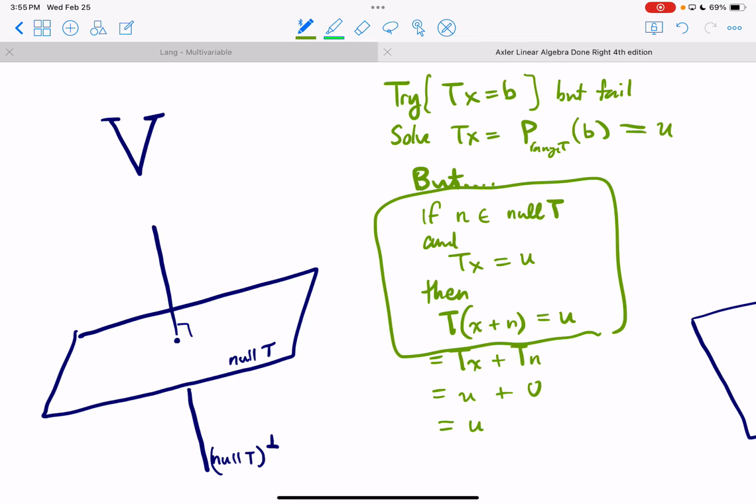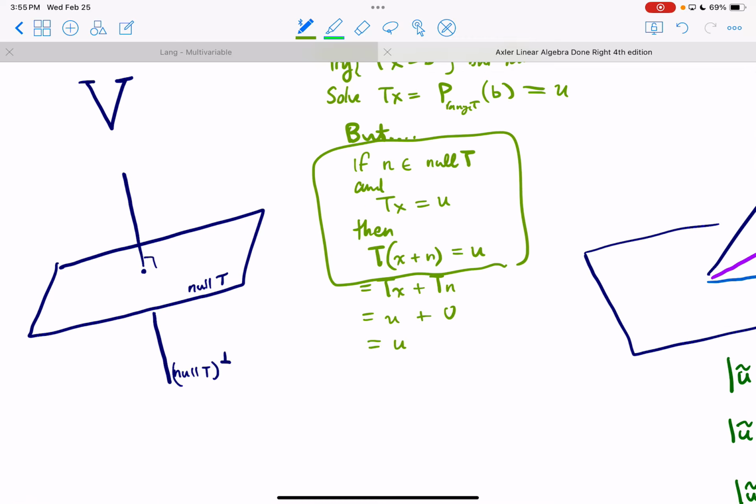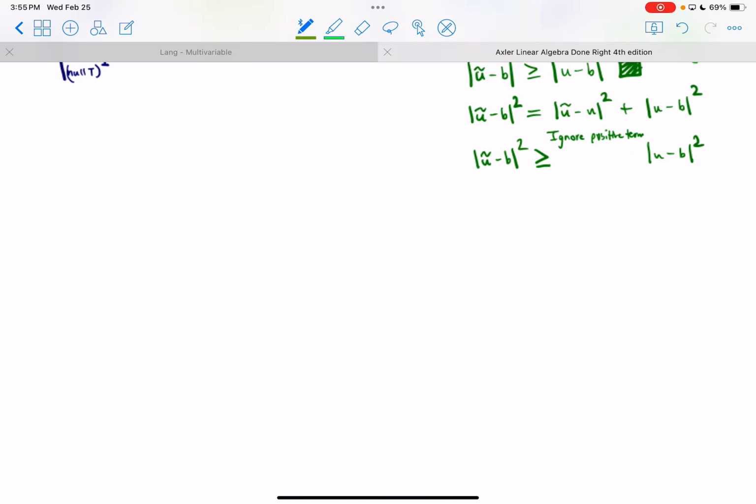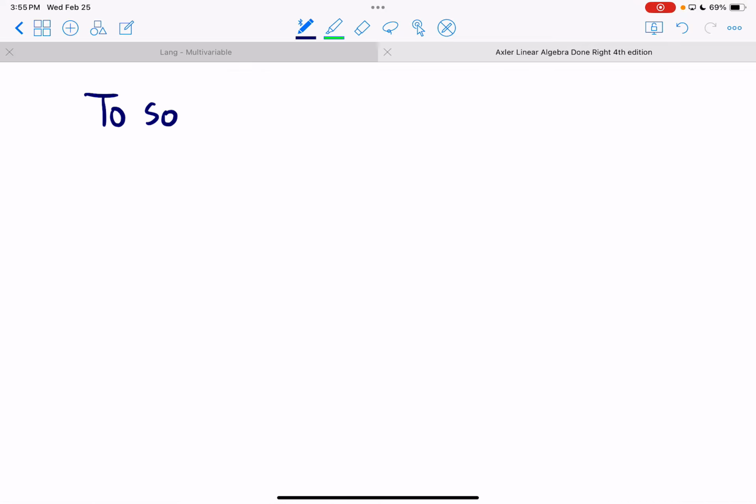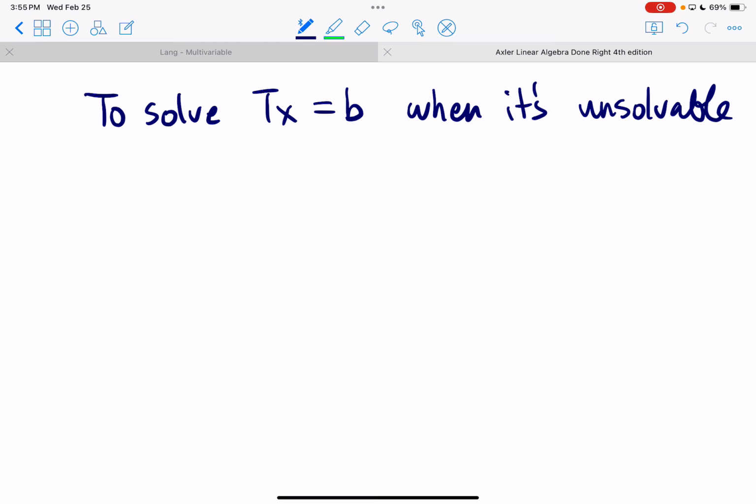So, in other words, here's the claim. What we should do to solve Tx equals b when it's unsolvable: take my solution x star to be the pseudo-inverse applied to b, where the pseudo-inverse, I don't know how to write this, is what?